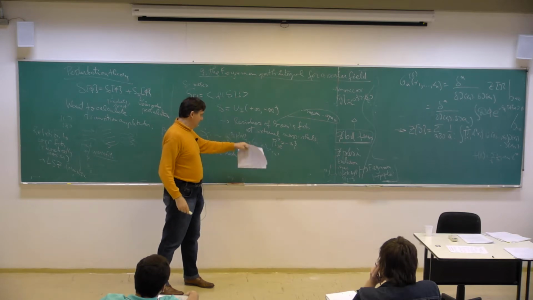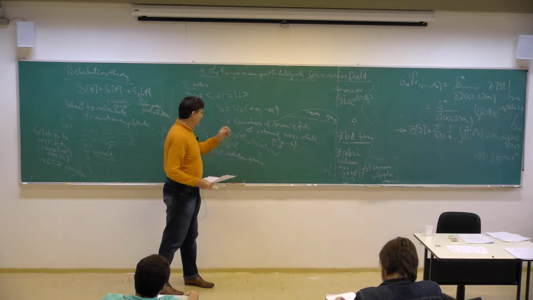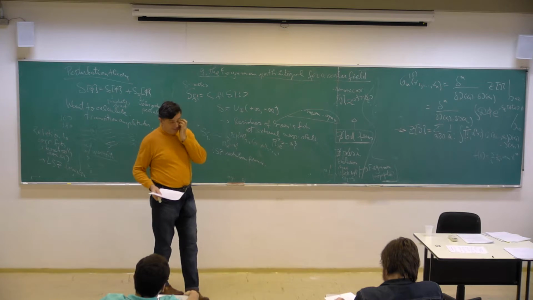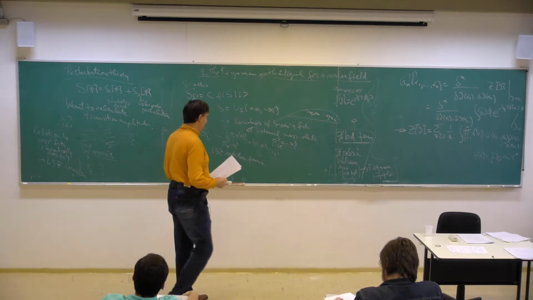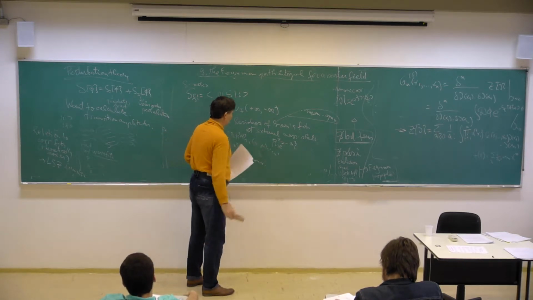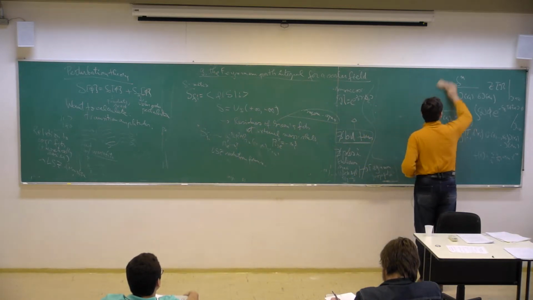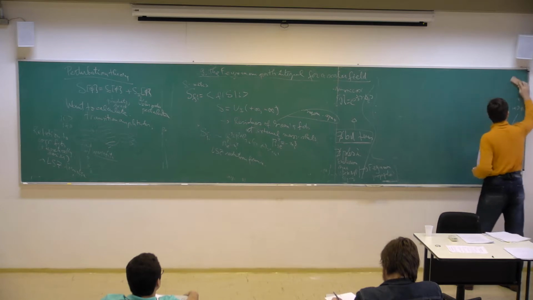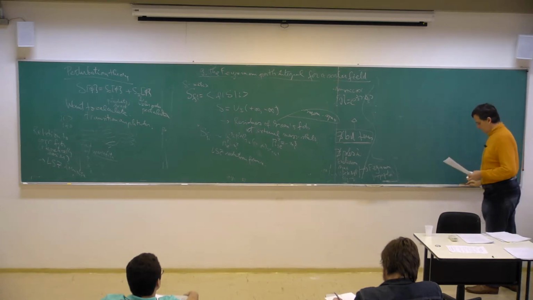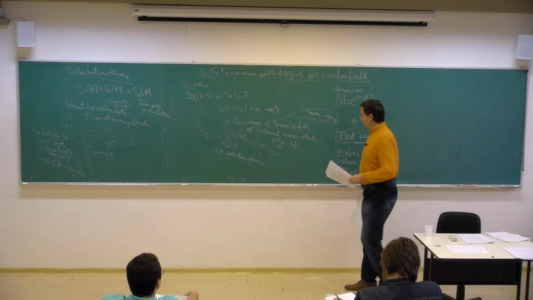This Gn is 1 over p squared plus m squared, so I have to multiply by these poles to obtain the residue.